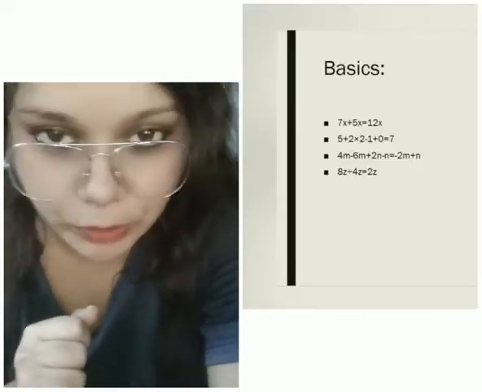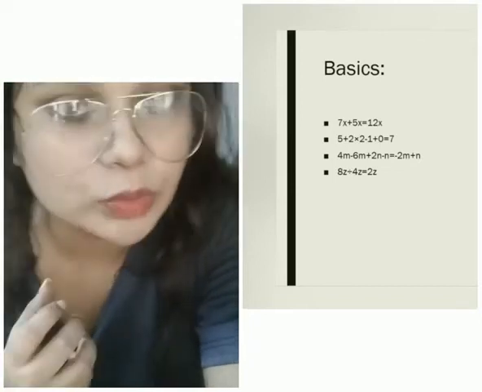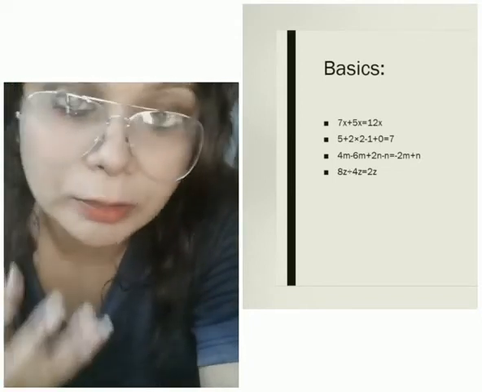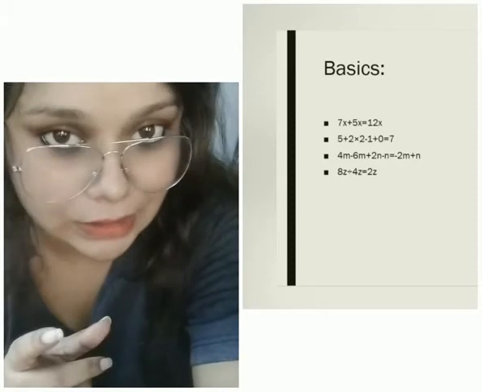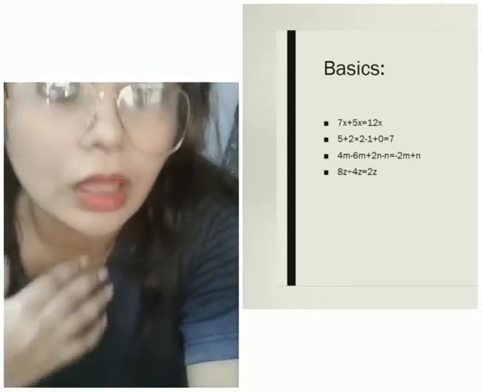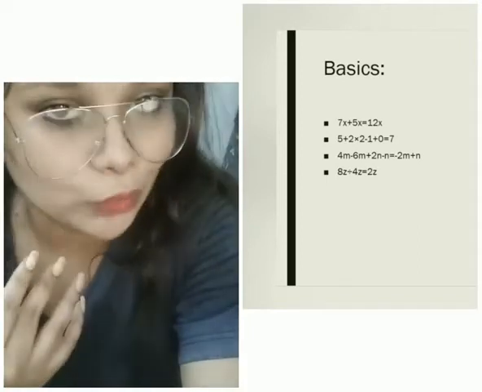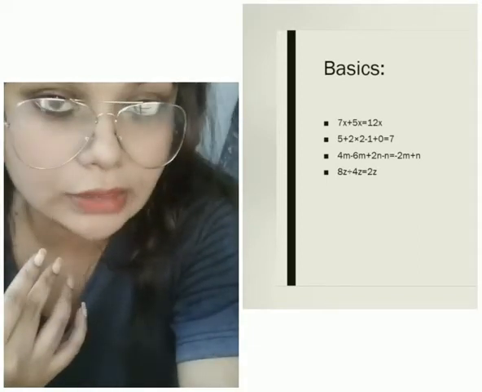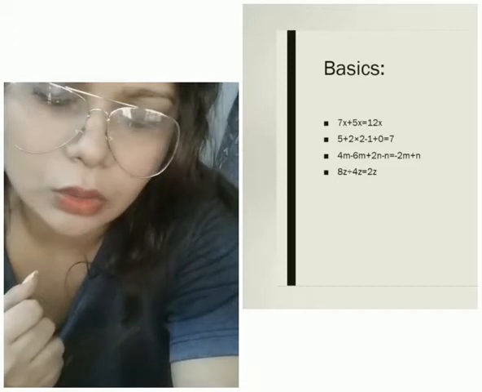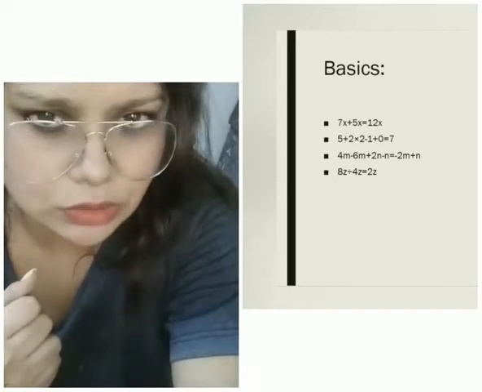What is an algebraic expression? An algebraic expression is nothing but a combination of mathematical expressions, variables, constants and coefficients. So you can ask me, what is a mathematical expression?